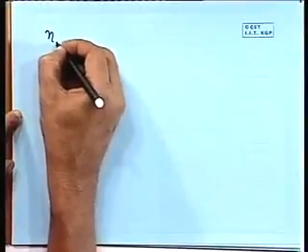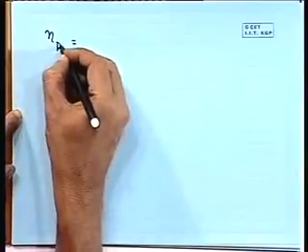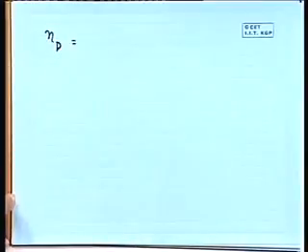So, if we put that, we will get eta d is equal to, rho is equal to cos alpha by 2.